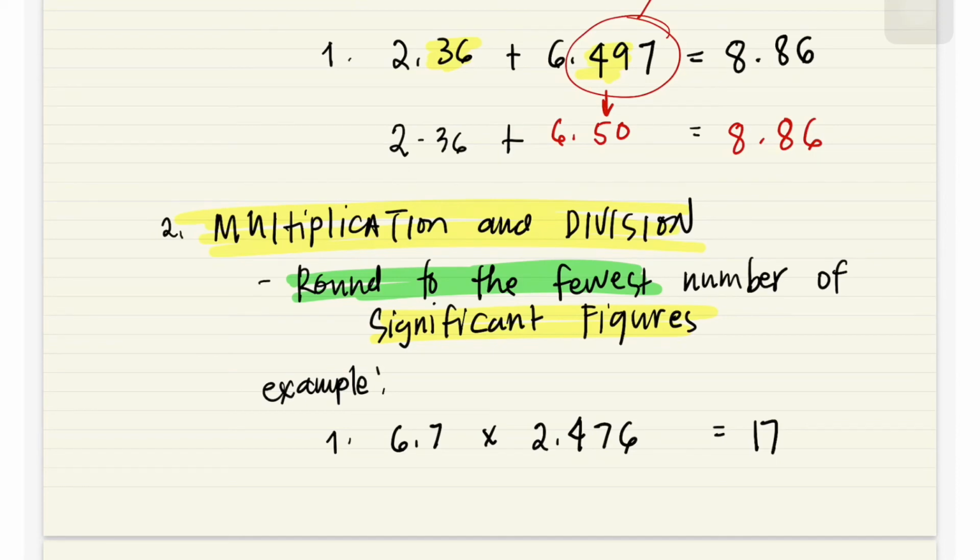Number 2: 0.0024 times 0.0614. The answer is 0.064.